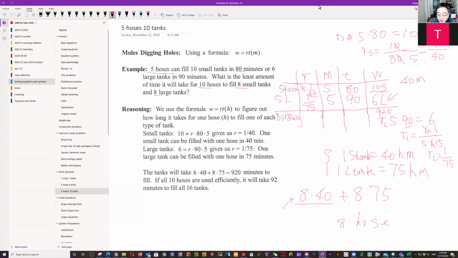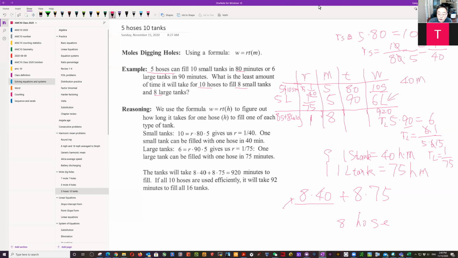So basically 8 holes, and the rate is no longer a fraction of the tank. It's the rate right now is just 1. Because one hose in terms of hose-minute is just 1.